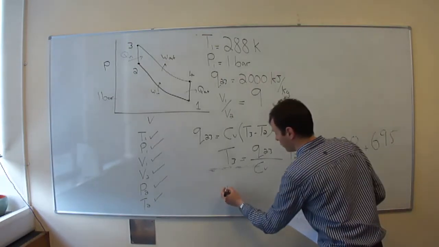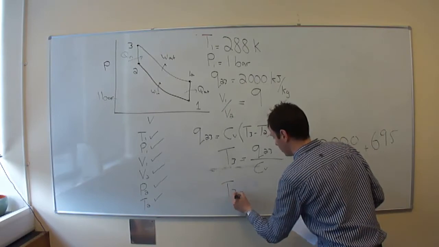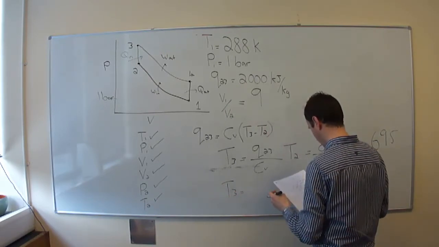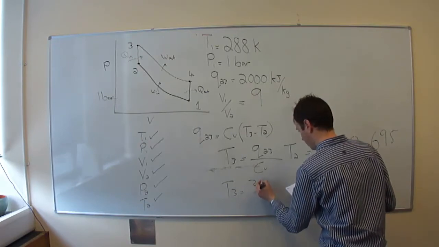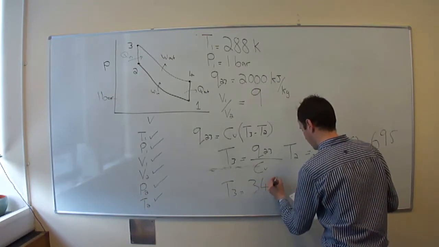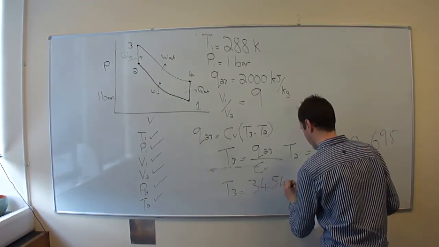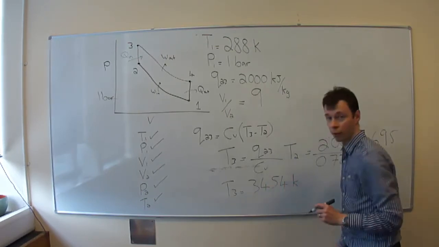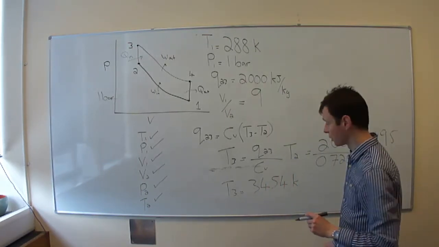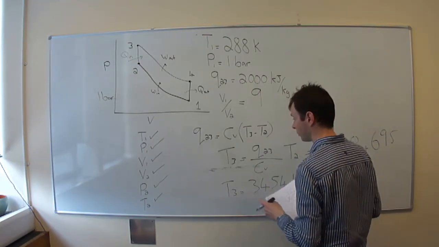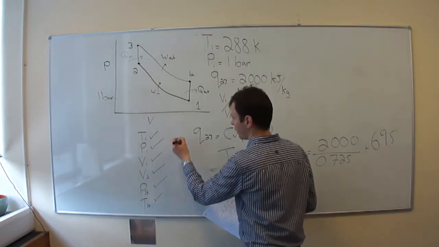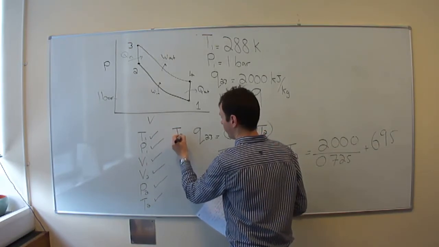So then we get a value of T3 equals 3,454 Kelvin, so reasonably hot.